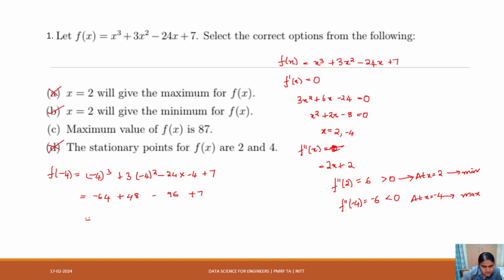So this will be plus, so you will be getting the answer 87. Am I right? Yeah, so the answer for this question is B and C.